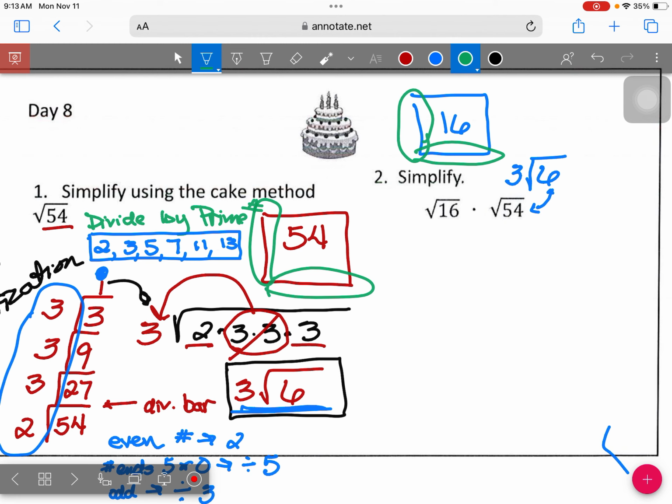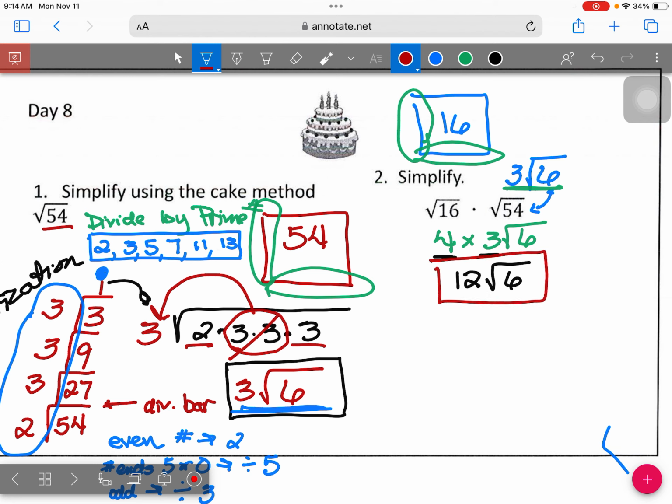Because we can say the square root of 16 is 4 times my simplified answer of the square root of 54, which is 3 times the square root of 6. And when you're multiplying these, you would multiply your constant 4 here times the number out front, and you would get 12 times the square root of 6.